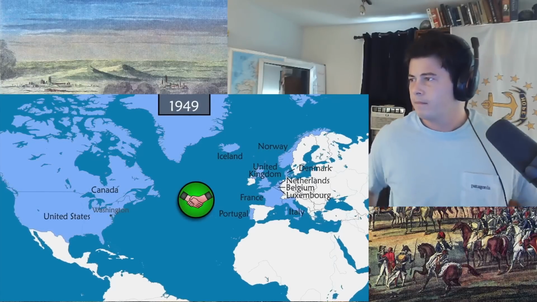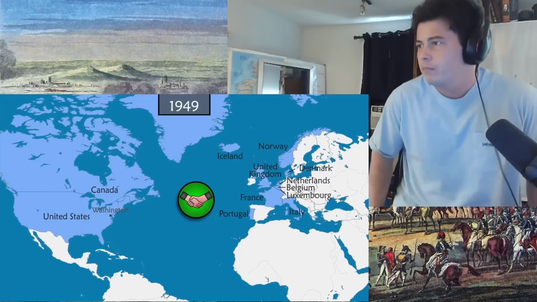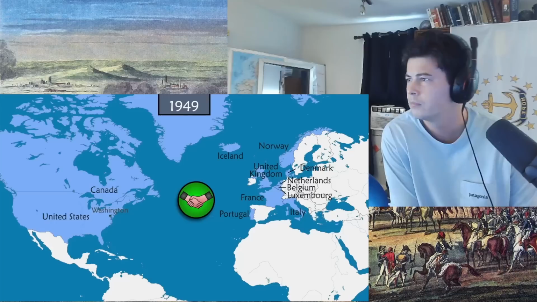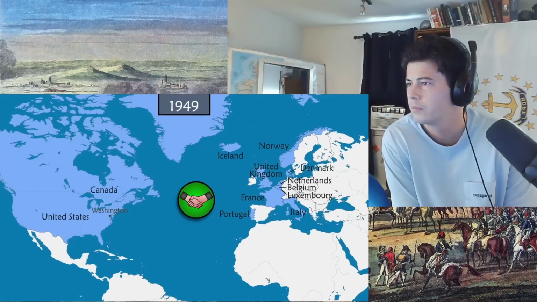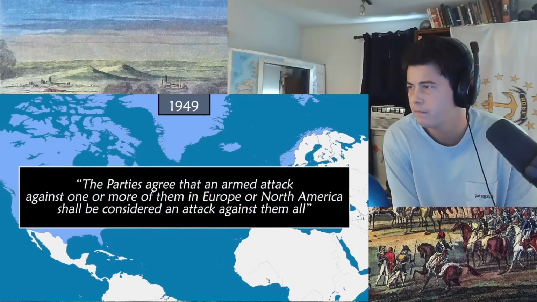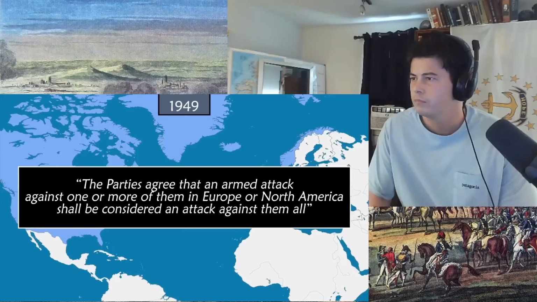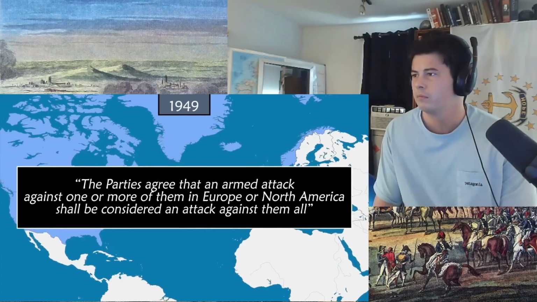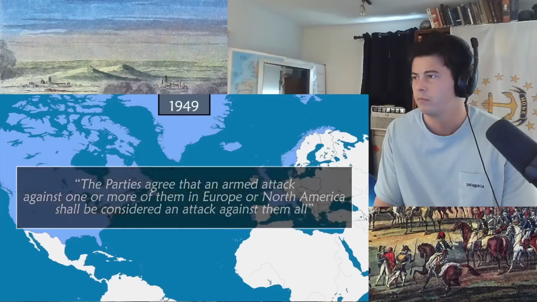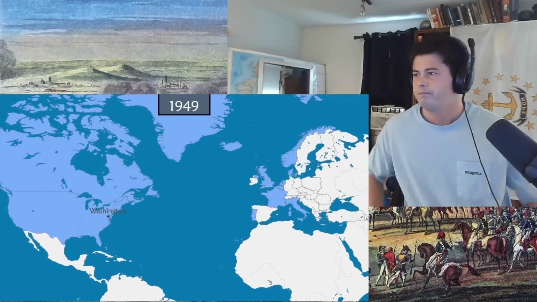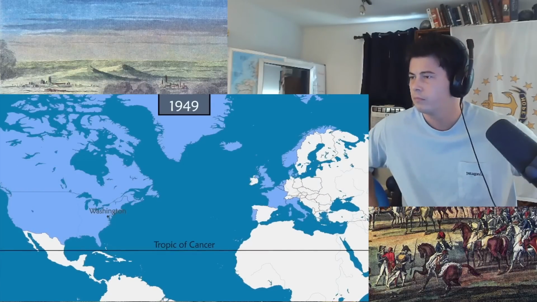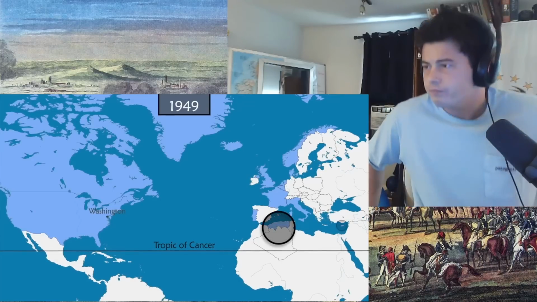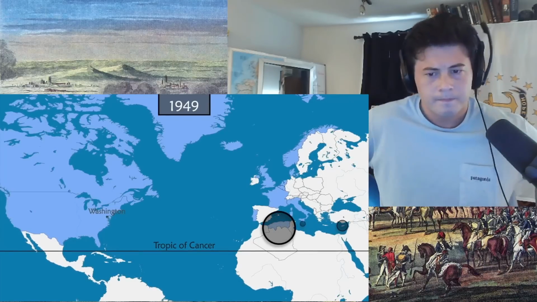On April 4th, 1949 in Washington, 12 countries signed the North Atlantic Treaty, also known as the Washington Treaty, a political and military alliance whose central point is Article 5, which ensures the collective defense of each of the member countries. The parties agree that an armed attack against one or more of them in Europe or North America shall be considered an attack against them all. The territories of the signatory countries north of the Tropic of Cancer are affected, including the departments of French Algeria and Cyprus and Malta, which are British colonies.